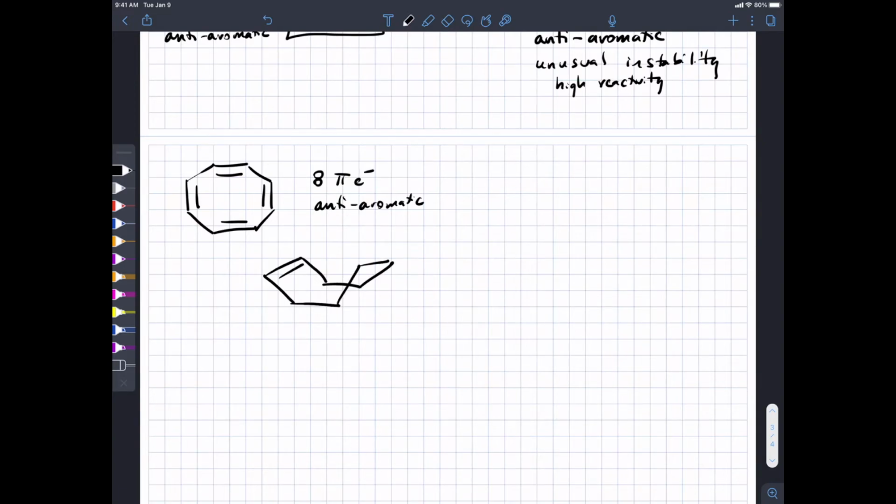So it adopts a structure that looks kind of like this. It folds 2 of the pi bonds opposite each other sort of up. That breaks the conjugation and makes cyclooctatetraene just sort of like a basic alkene. But the reason it does distort its geometry that way is because in its planar form it would be highly unstable, anti-aromatic.